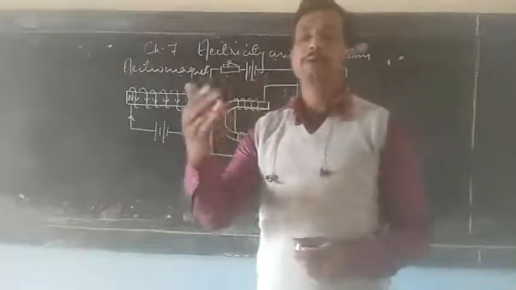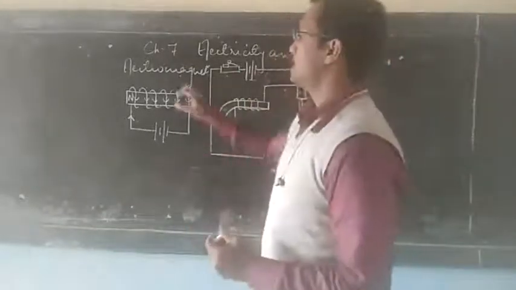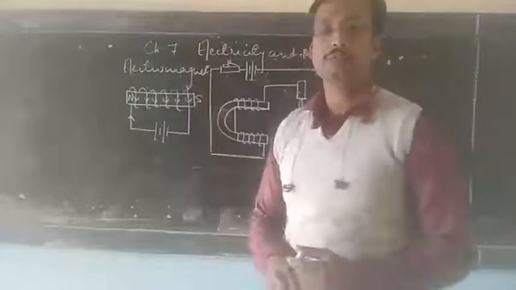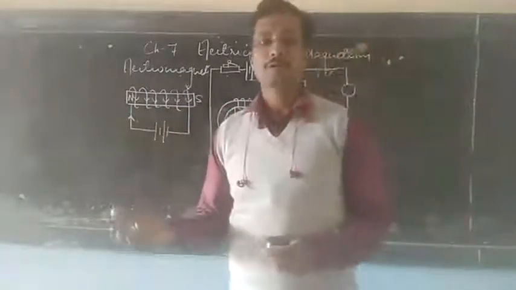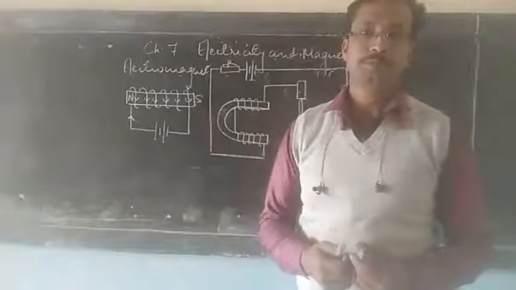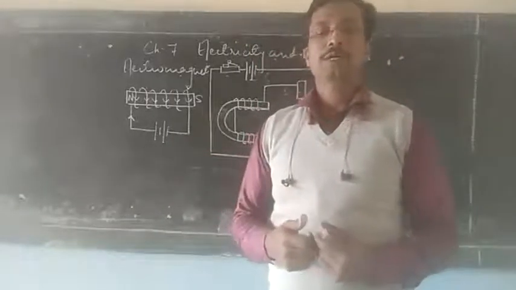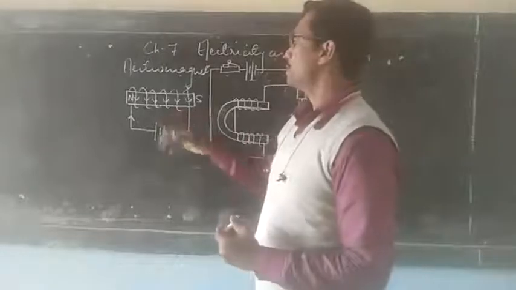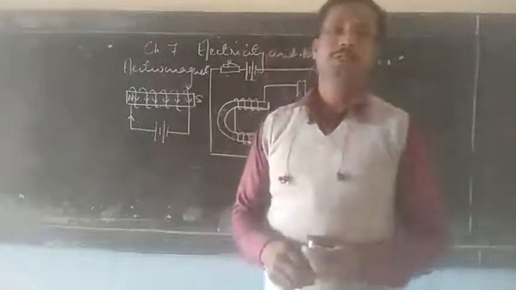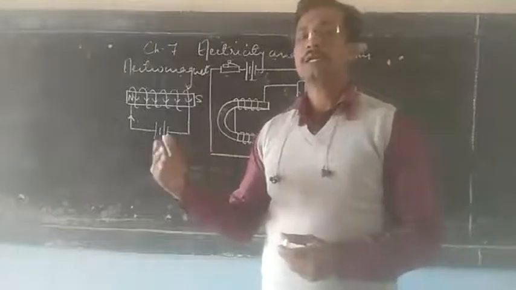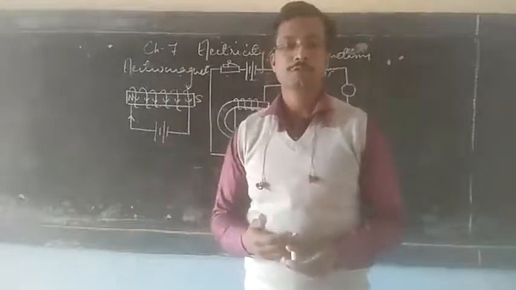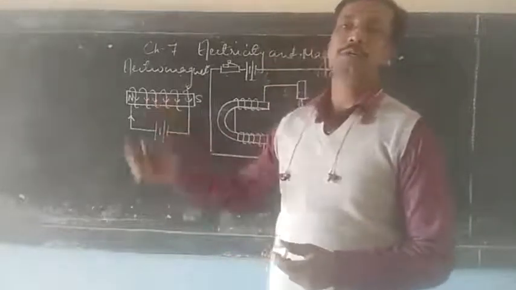But in order to make a permanent magnet, this iron bar has to be replaced either with steel or with alnico. This steel or alnico becomes a permanent magnet once we flow the current through it, and this magnetic property is not lost even when we stop the current flowing.